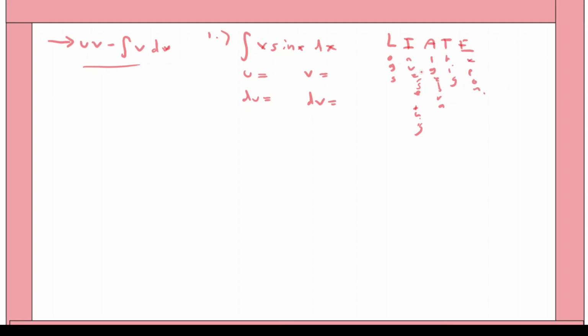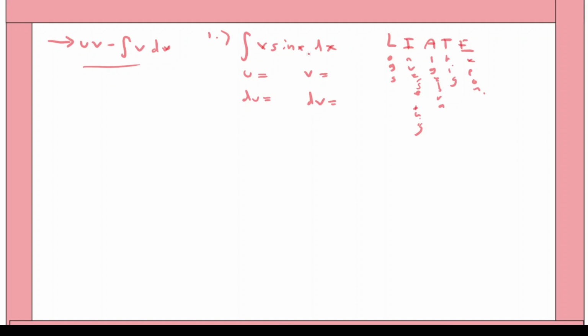Basically, the first one in this list that you find in your original integral is what you want to make u. You work your way down until you find something that is there, and then you apply it.